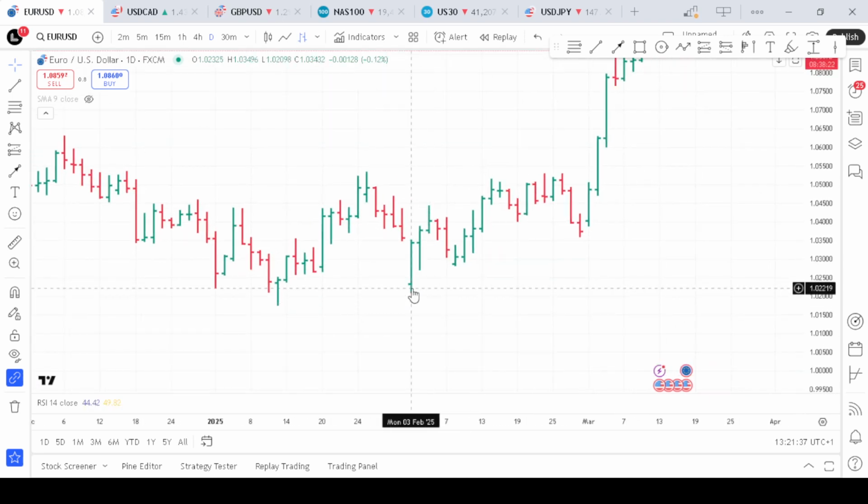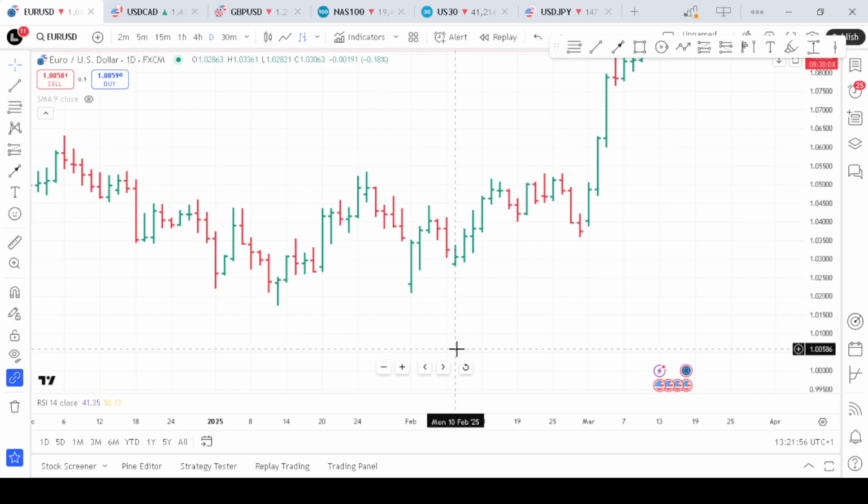Unlike the line chart, the bar chart displays four critical price points for each time period. It signifies the opening, the high, the low, and the closing of price. This detailed representation allows you to gain deeper insight into market behavior and make more informed trading decisions.